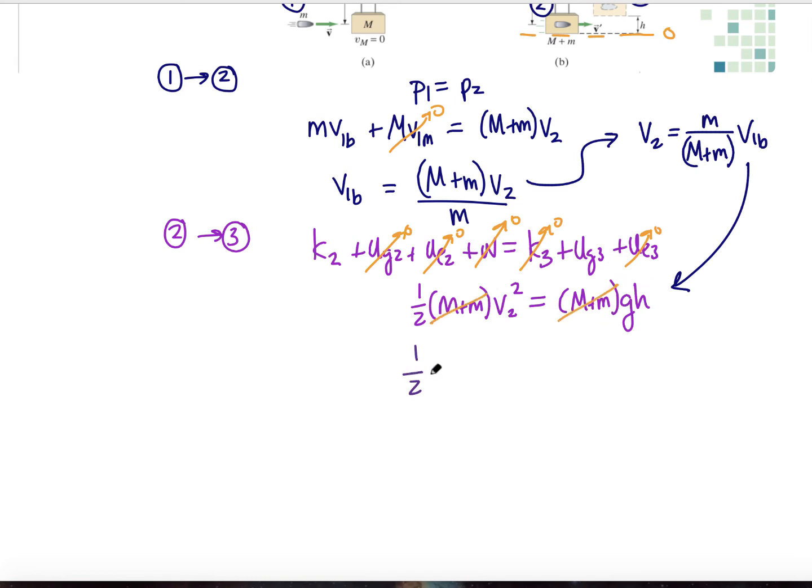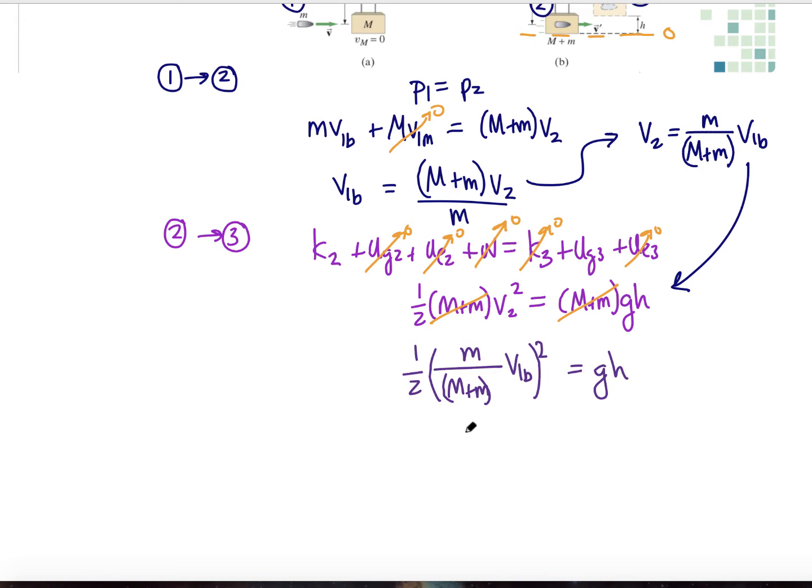So we have 1/2 times little m over big M plus little m times V1b squared equals g times h. And now we need to square root everything. So I'm going to multiply both sides by 2 to get rid of this 1/2.